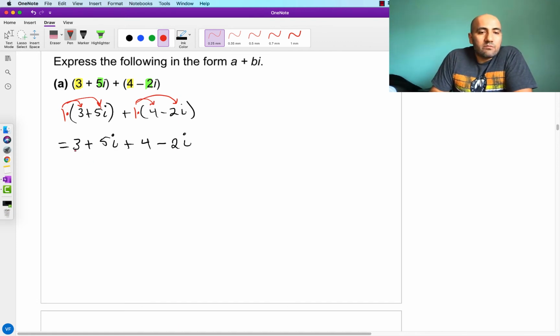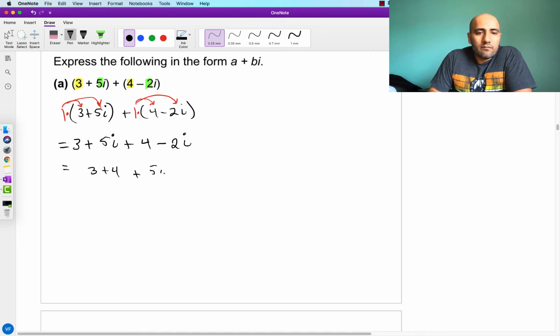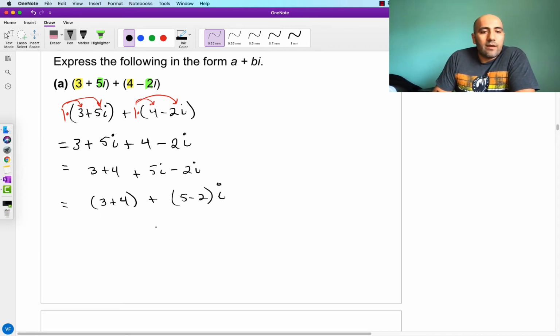Okay, combining like terms, we can add the 3 and the 4, plus 5i minus 2i. Then, just to put it in that form, I'm going to do this: 3 plus 4 plus, and then 5 minus 2 i, and now I have the form I want, right?